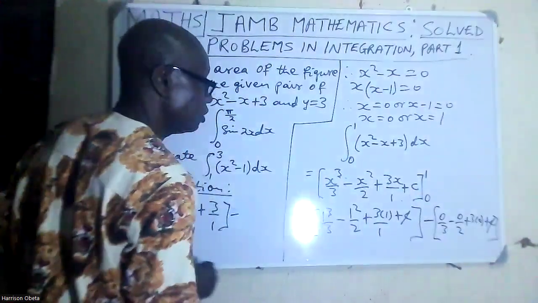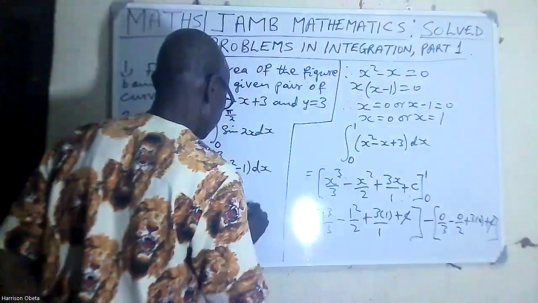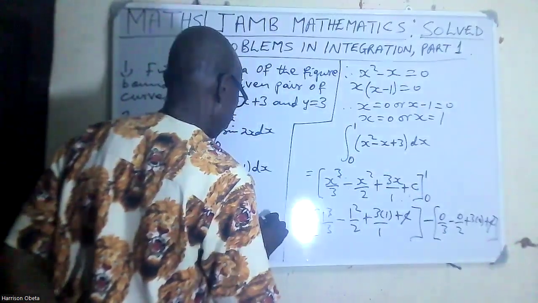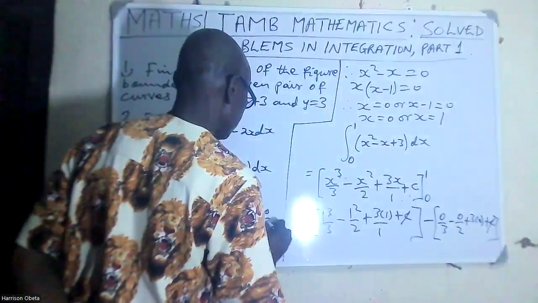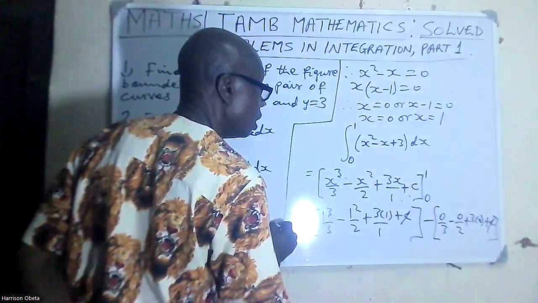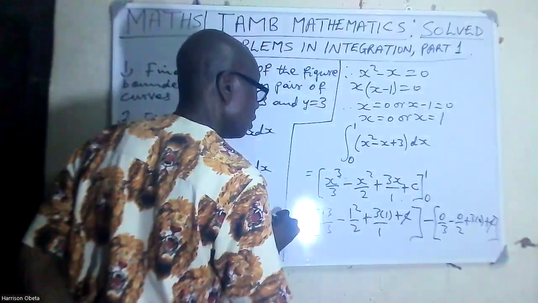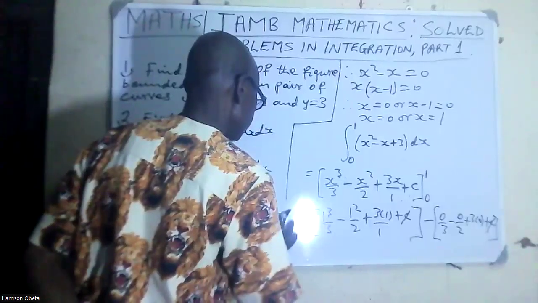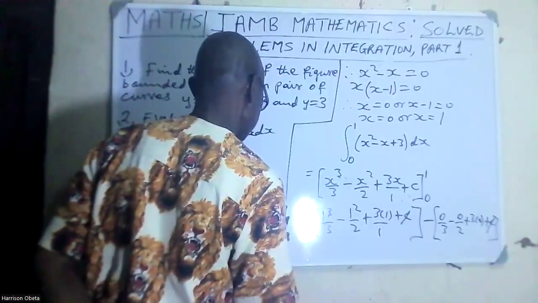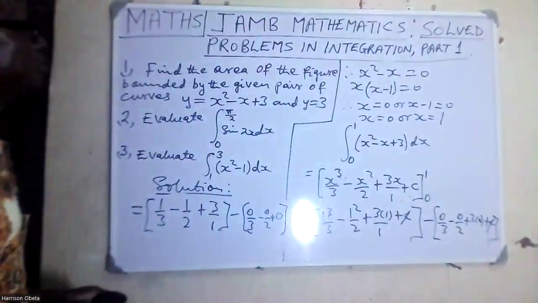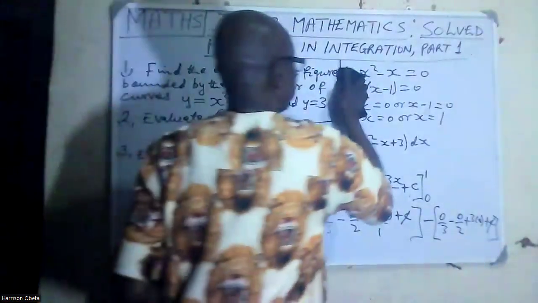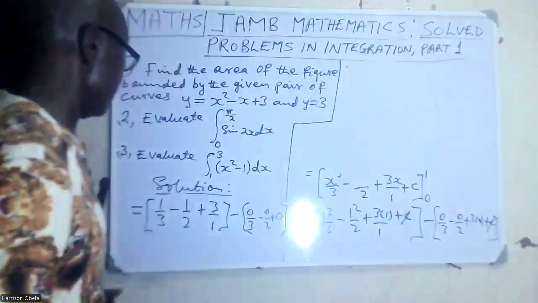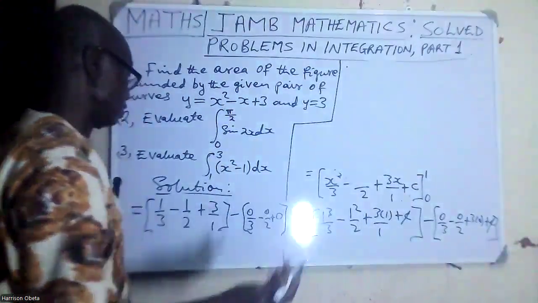So that will be minus, all of that are 0: 0 over 3 minus 0 over 2, and then plus 3 times 0, that's 0. Okay. So moving on now, we simplify. We discovered that the whole of this is 0, so there's no need.